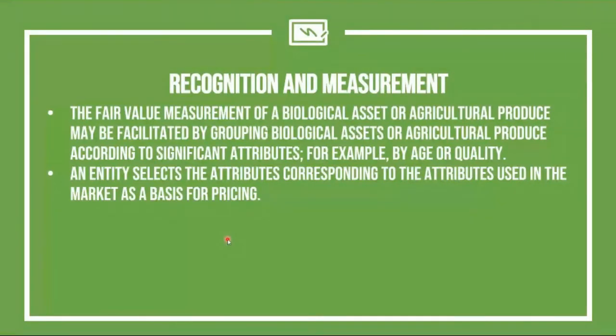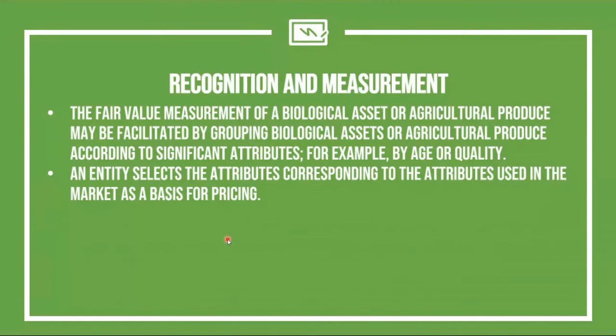The fair value measurement of a biological asset or agricultural produce may be facilitated by grouping biological assets or agricultural produce according to significant attributes, for example, by age or quality. The usual examples that we see in board examinations will be 1 year old, 2 years old, 3 years old, or whatever.